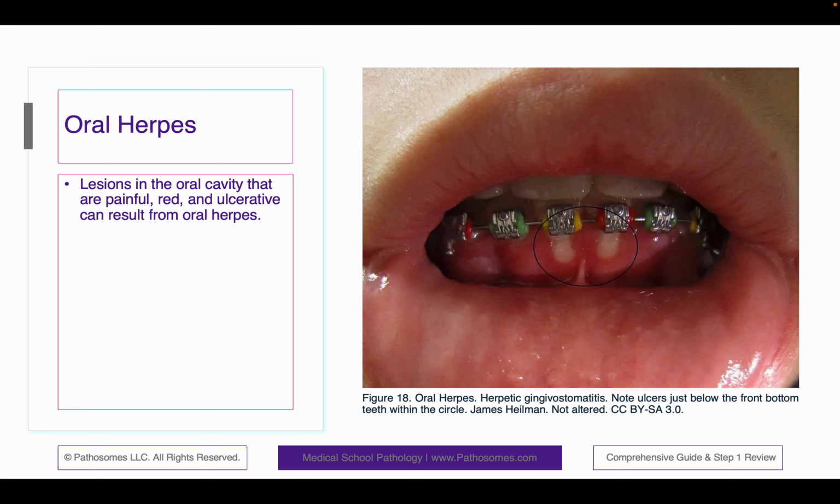Now let's move on to oral herpes. These can present as lesions in the oral cavity that are painful, red, and ulcerative, right? Take note of this image of this herpetic gingivostomatitis.